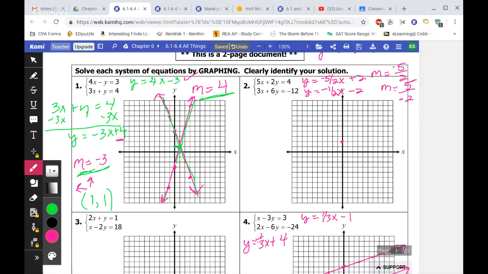So on the y-axis, the up and down axis, which direction is positive? Up or down is positive?